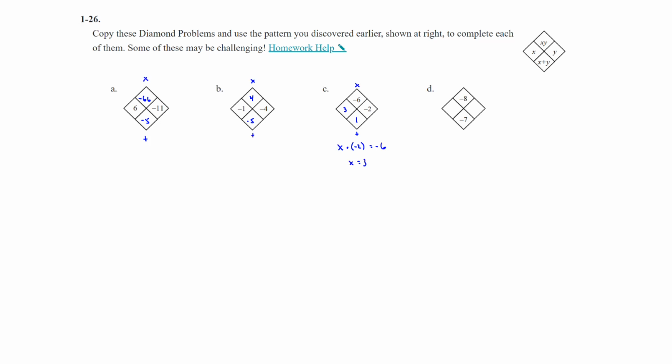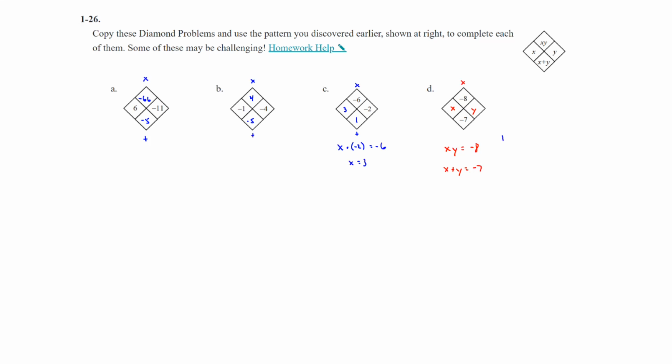On part D, we don't have the x or the y. We've done these before. We just got to ask ourselves what multiplies to give us negative 8. But what adds, those same two numbers add to give us negative 7. And we always start with the multiplication first because there's not as many factors or ways that you can multiply to get negative 8 as there is to add negative 7, at least not with nice numbers.